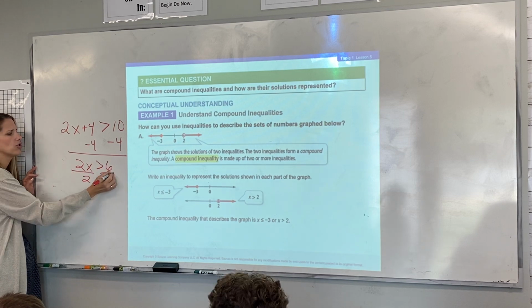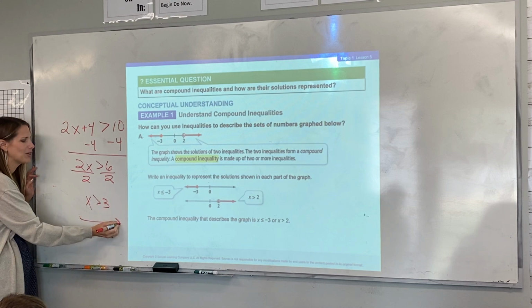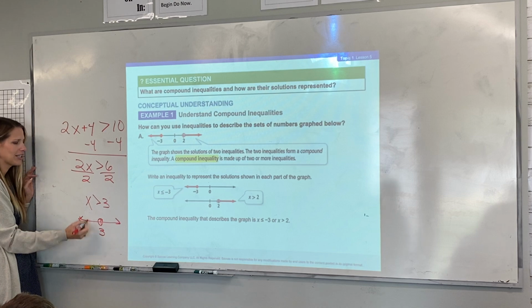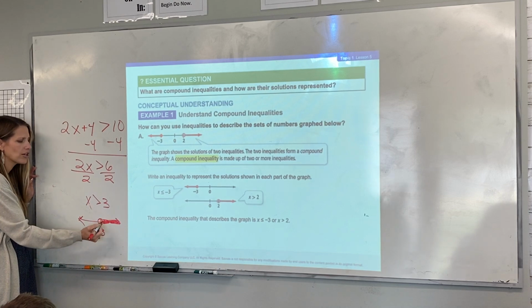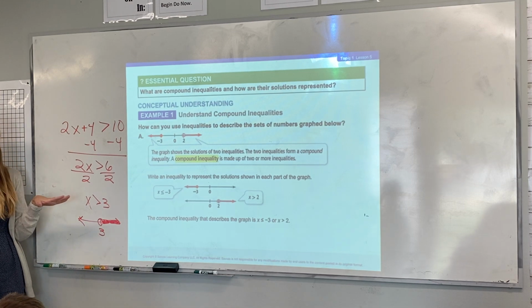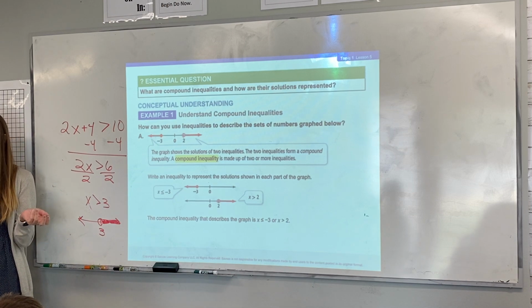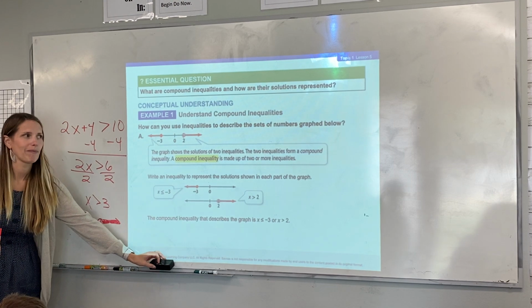We divide by 2 on both sides, and we get x is greater than 3. Then we do a number line. We say 3 is here, and x has to be greater than it, so we fill in the higher numbers. We leave our circle open because it doesn't equal it. That was the inequality we worked with last week. I went through that fast because we already did it.